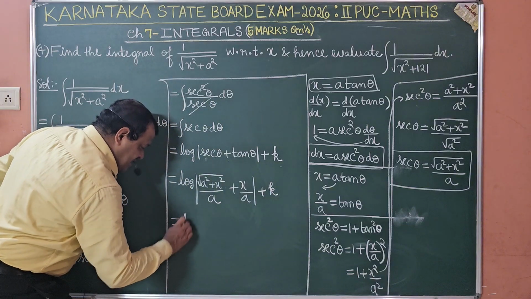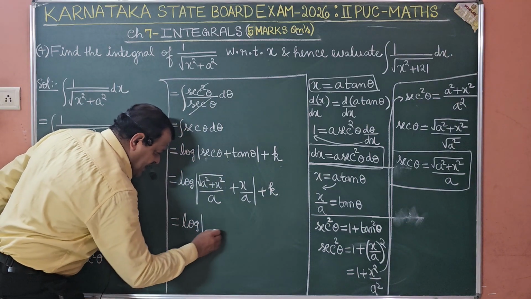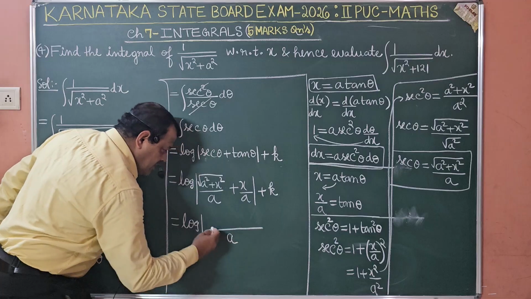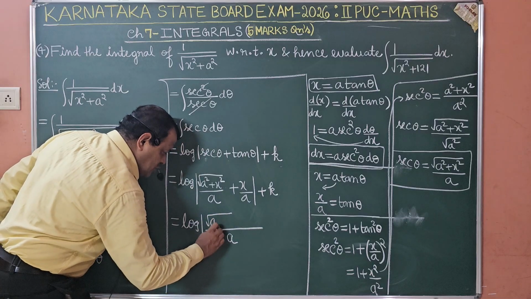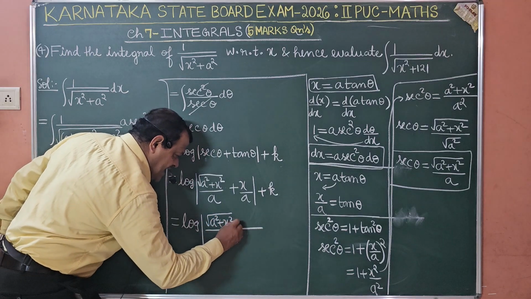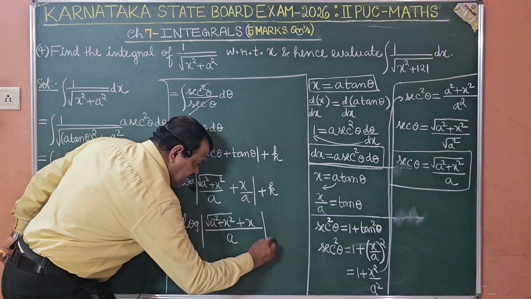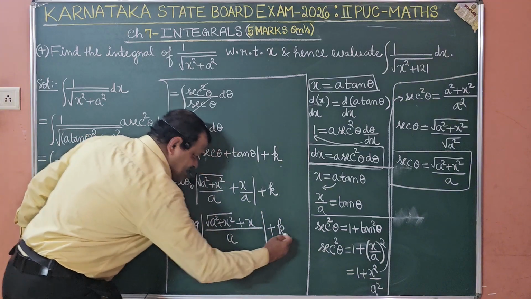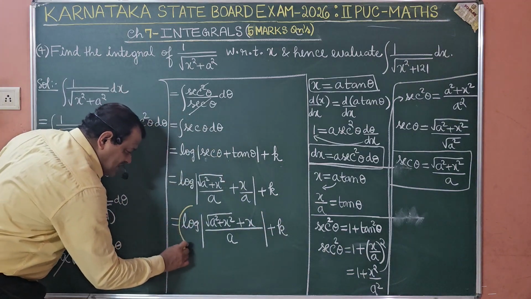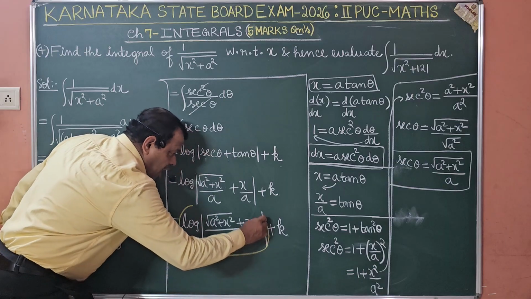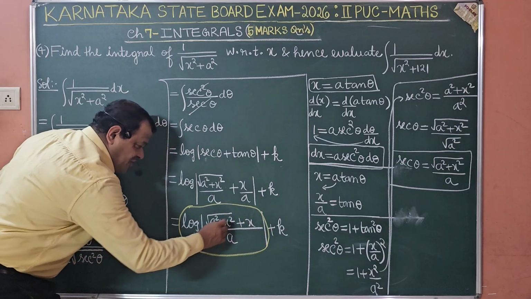Now this is inside the modulus. Taking a as LCM, the numerator of this is root of a square plus x square plus x, and plus k as it is. And this term looks like the second law of logarithms, log of m by n.